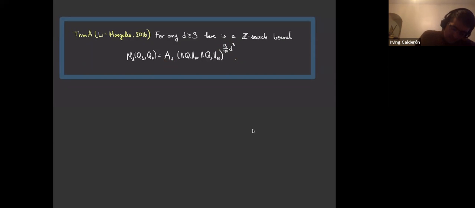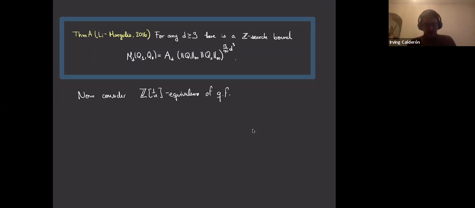And now for theorem AS, I just wanted to consider the same kind of problem, but now with respect to a bigger ring than Z. So now consider Z[1/N] equivalence of quadratic forms. Okay, but before I give the statement, I need a couple of definitions.